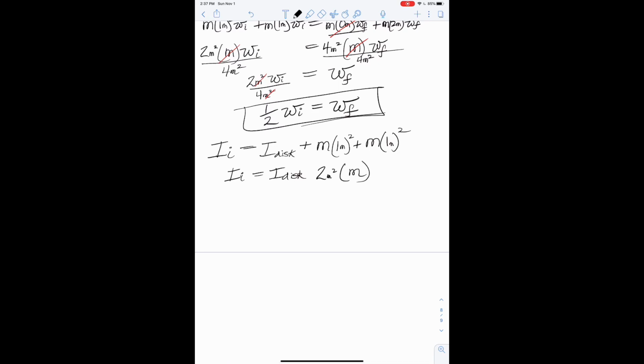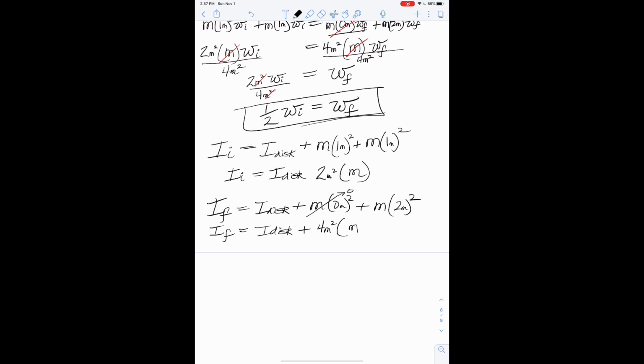And for the moment of inertia final, we can say the same thing: I disk, of course, plus M times 0 meters squared, which is just going to go to 0, plus M times 2 meters squared, and we're left with I final is equal to I disk plus 4 meters squared times M. All right, so we can clearly see which is larger here, right?